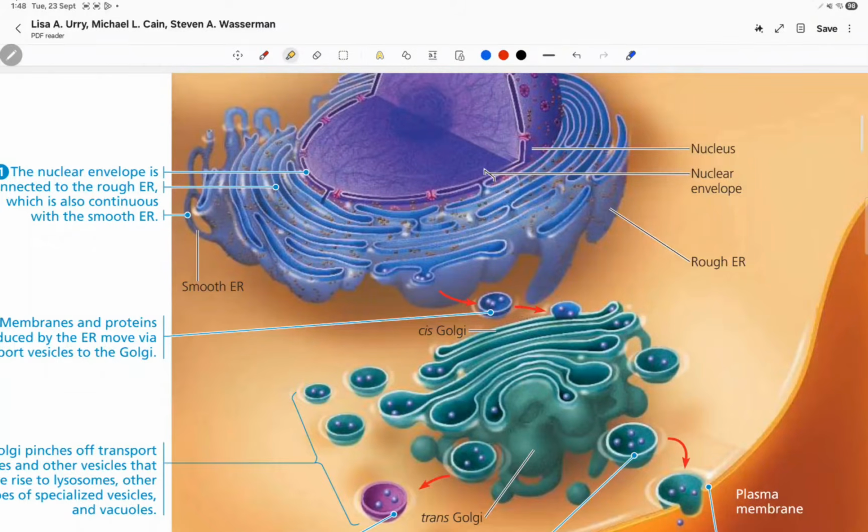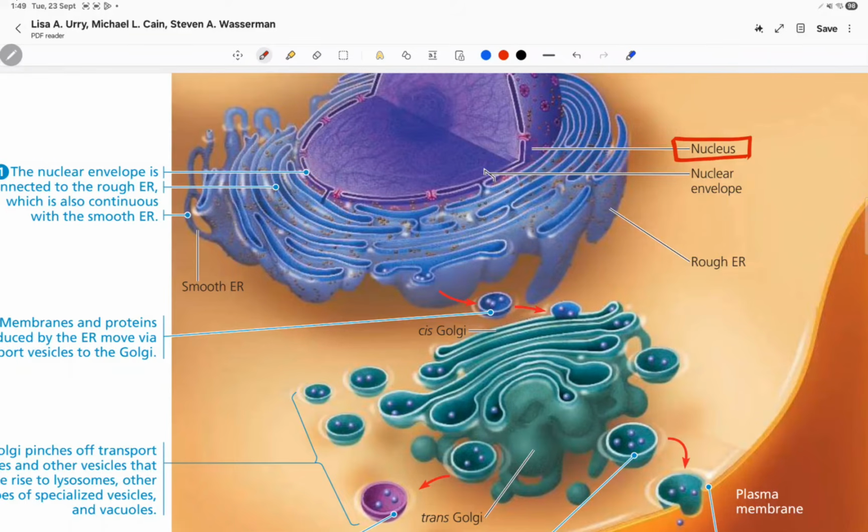Can someone smart here explain to us the process or track the path from the beginning of the nucleus to the end? Great. So basically, the nucleus has DNA, and the DNA makes RNA, but the RNA is not going to stay.